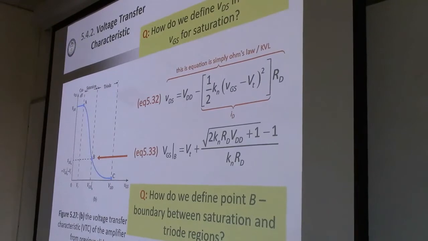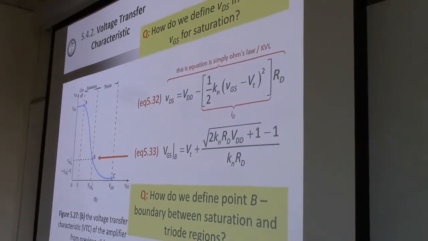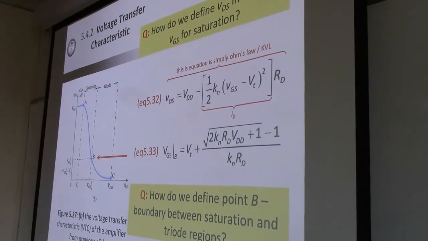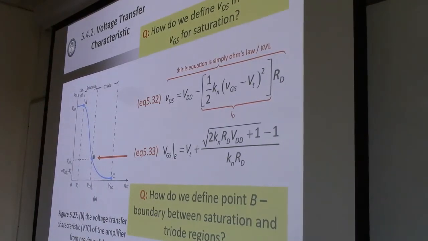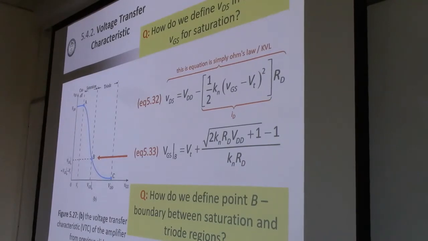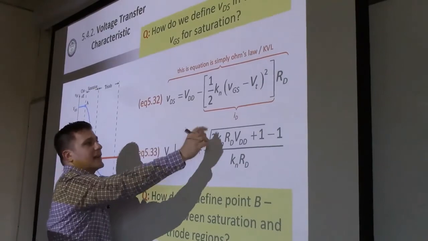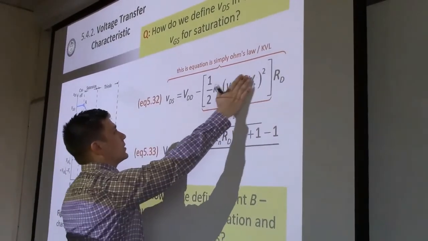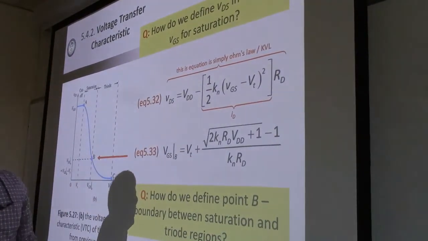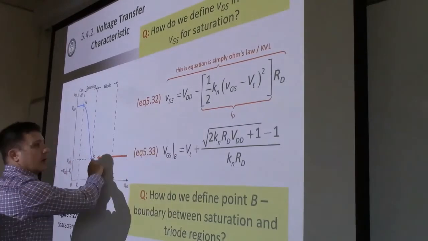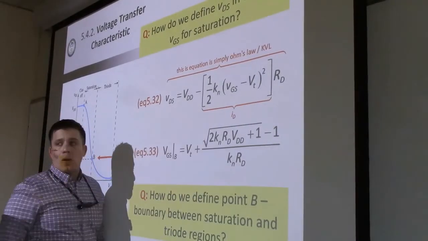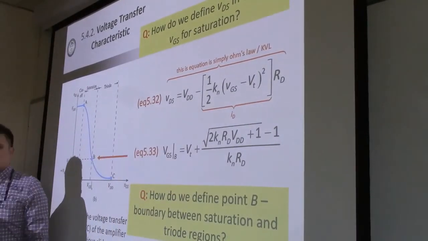And so there's two equations we can use to calculate that. 532 is an equation you've already seen, and then 533. So all this is saying VDS equals VDD minus ID times RD. We've used this equation a million times. We know we're at the edge of saturation and triode, so we can use either one there. We'll use the saturation region equation.